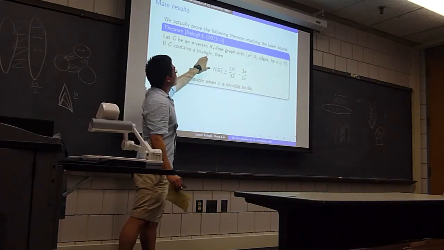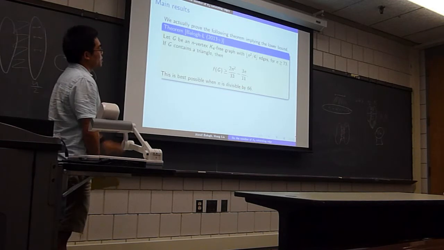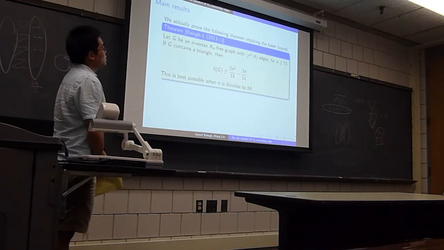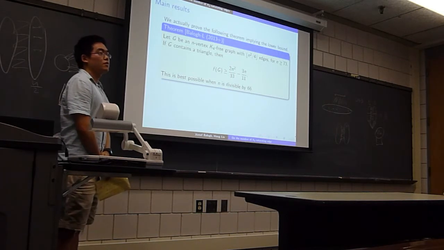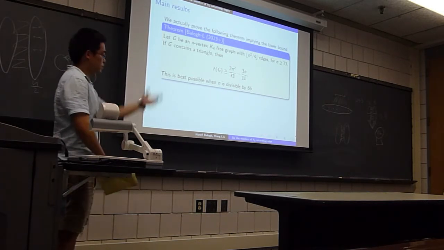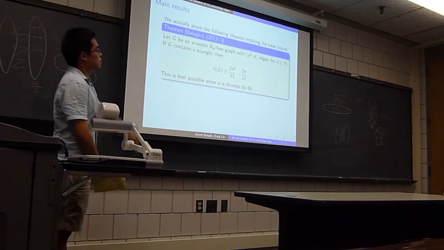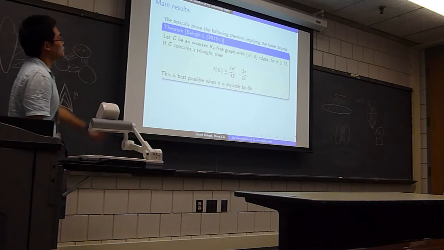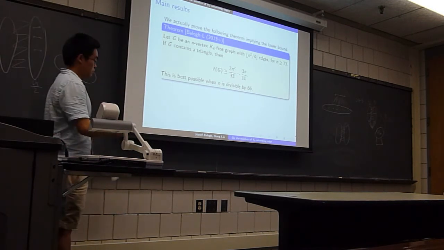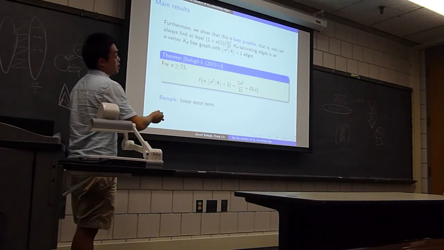So using this way, we have this many edges and a triangle for n at least 73, and we can prove that the number, which I haven't divided here, f of G, denotes the number of K4 saturating edges in the complement, is at least 2n squared over 33 minus this linear term, which is best possible in this construction. So this, as you can see, will imply the previous result, because as I mentioned, Mantel's theorem says we should have a triangle here.